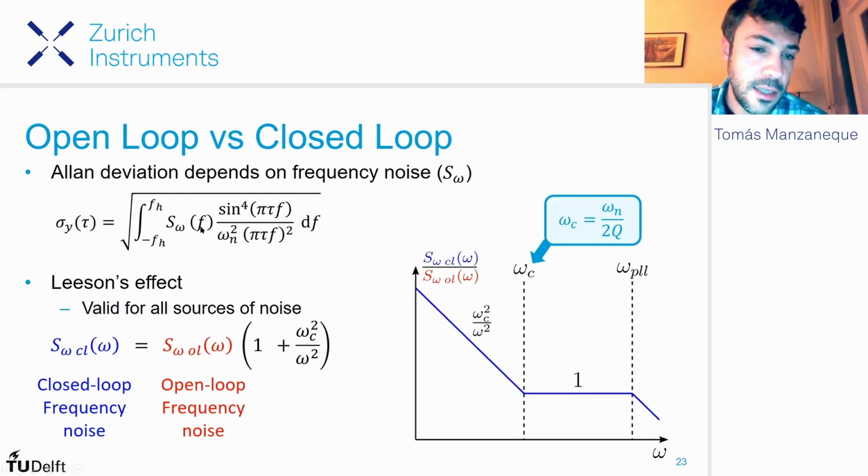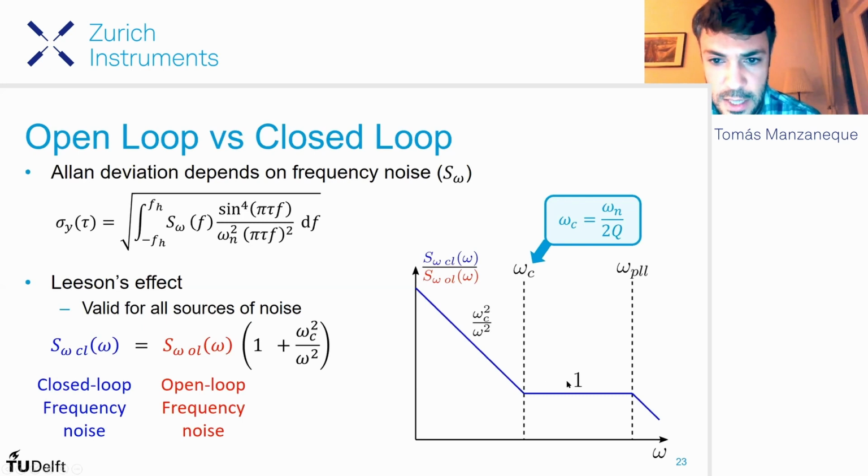And we also know how this frequency noise behaves when a system operates in open loop versus in closed loop, because this is called the Leeson effect. And this is in general valid for any type of noise affecting the resonator or the measurement system. And the Leeson effect is expressed by this equation, and this equation is plotted here.